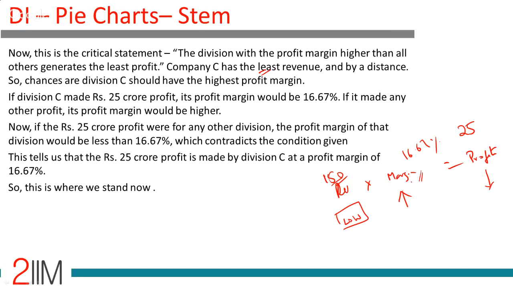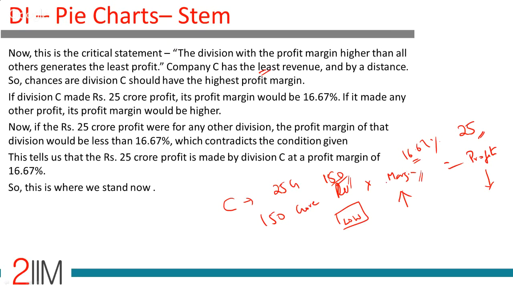Now, if the 25 crore profit were made by any other division, the profit margin of that division would be less than 16.67%, and the profit margin of C would be higher than that. This contradicts the condition we have been given. So very clearly company C makes a profit of 25 crore with a revenue of 150 crore.